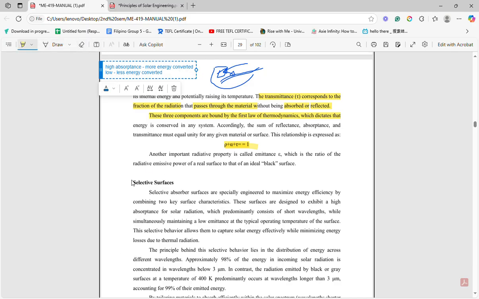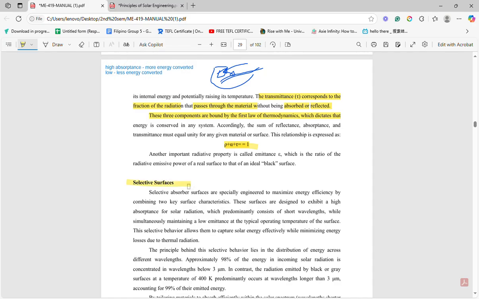We are going to be discussing that later on. This selective surface, because we are coating our collectors with selective coatings like black chrome or titanium oxide, so that it can absorb more heat, because, again, dark colored materials absorb heat.